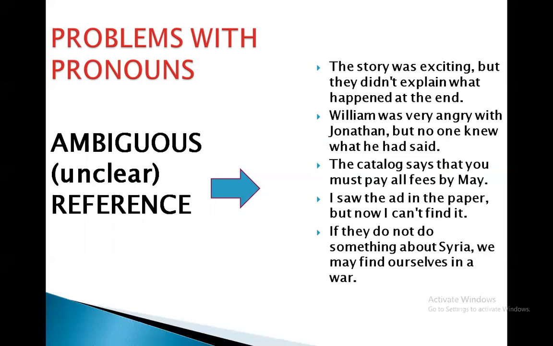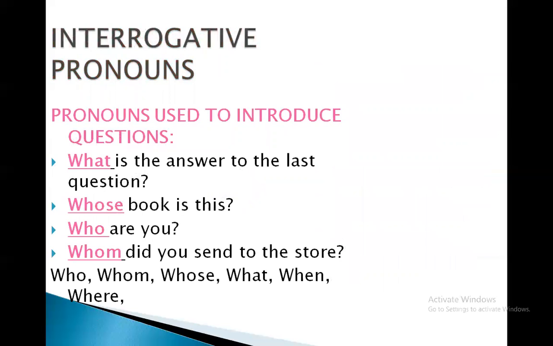William was very angry with Jonathan, but no one knew what he had said. The catalog says that you must pay all fees by May. I saw the ad in the paper, but now I can't find it. Like here, this is the ambiguousness in pronouns if you watch all these sentences.